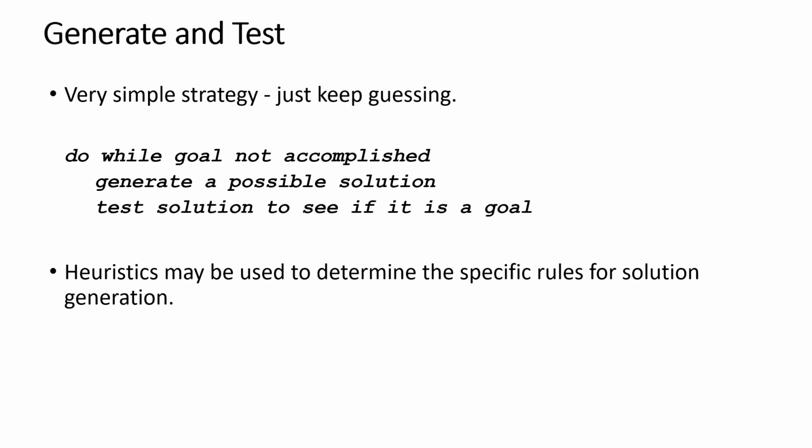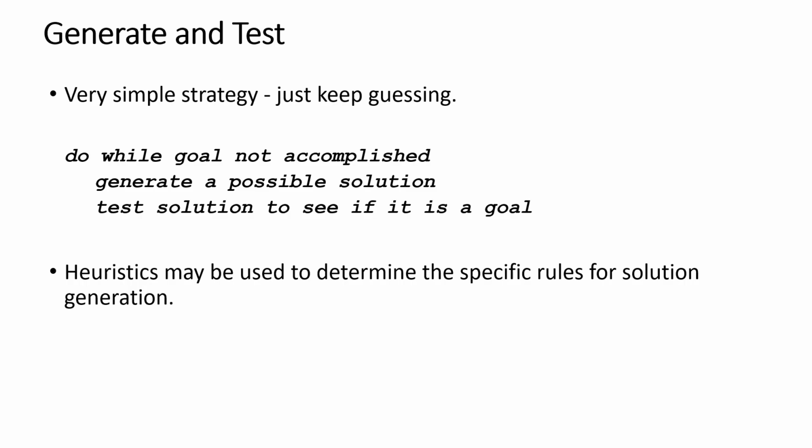Finally, generate and test is particularly used when the solution space is not extremely large and when it is very easy to verify whether the candidate solution is correct. A common application is the traveling salesman problem, finding the shortest path from the root node, traversing the nodes, and returning to the root node.